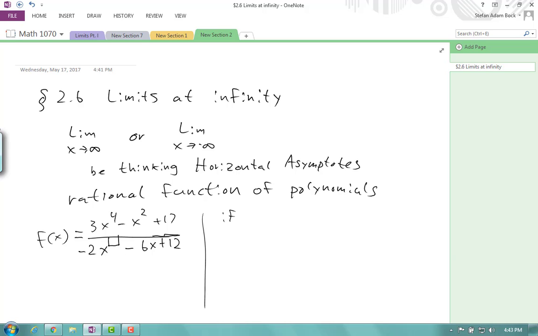Well, if the powers of the top and the bottom are the same, then I'm going to use the coefficients of the highest powers. Y equal to 3 over negative 2. If the power on the bottom is less than the power on the top, there will be no horizontal asymptote.